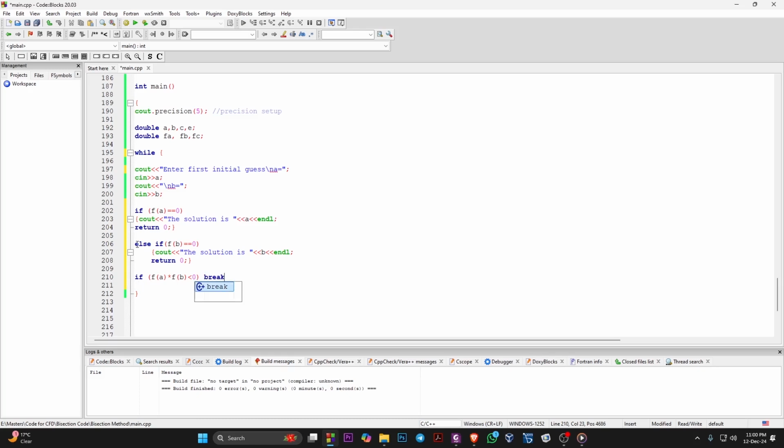That means I would like to break this while loop, else cout, enter invalid guess, invalid guess.